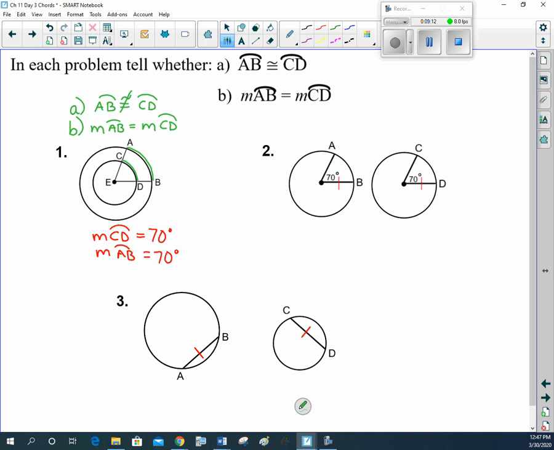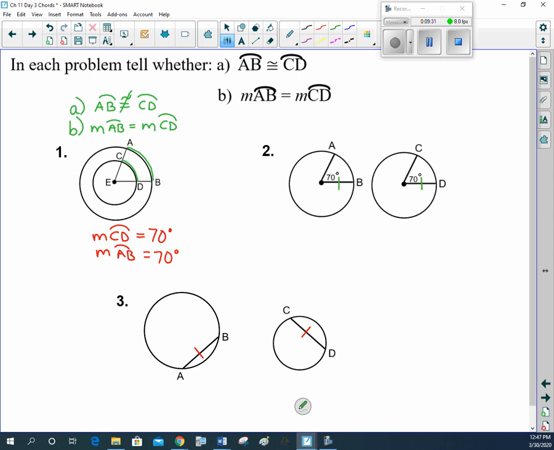Okay, over here on the right, number 2. So it looks like to me that we have two congruent circles. That's important. How do I know they're congruent? Because each of them has one of their radius marked with one slash. So that means those two segments are equal, which means those two circles are equal.